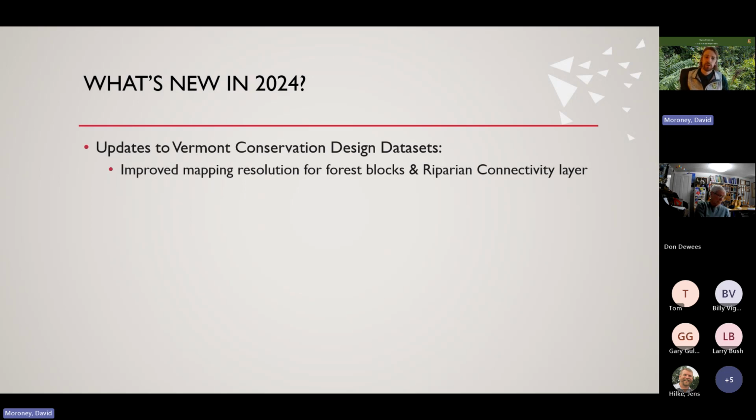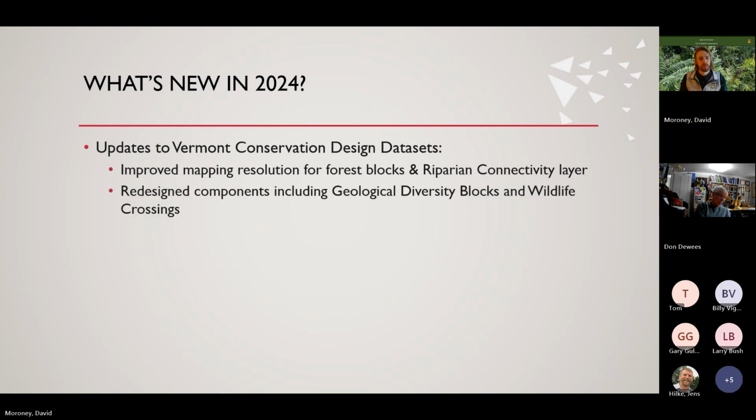Forest blocks are the raw elements of all those landscape layers that I mentioned, interior forest blocks, connectivity blocks. And the resolution that was used for this new data set is actually 3,600 times greater than the resolution used in the past data set, which is pretty impressive. And we'll show an example of the consequences of using this improved resolution just before the break.